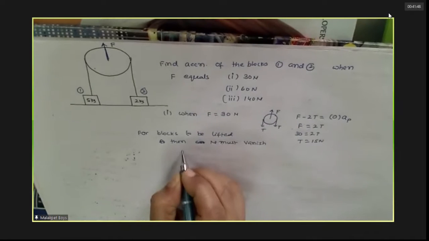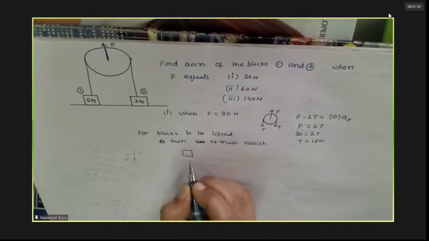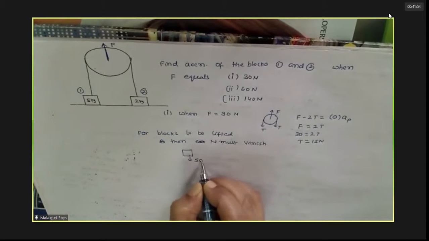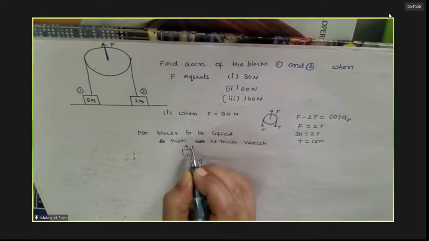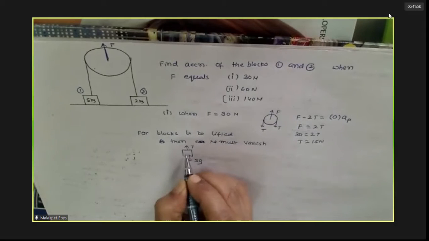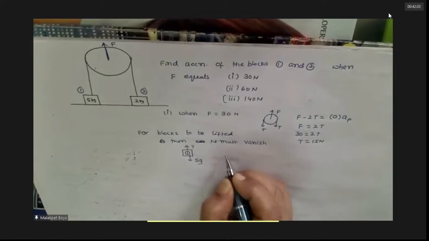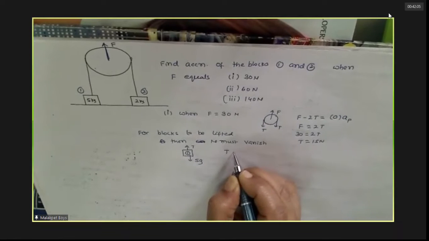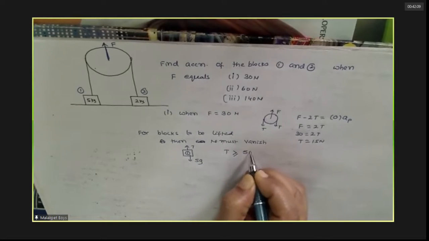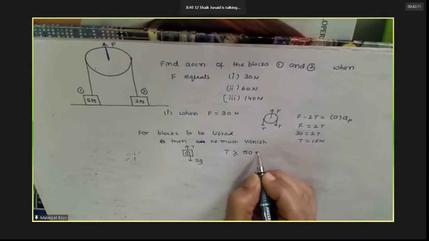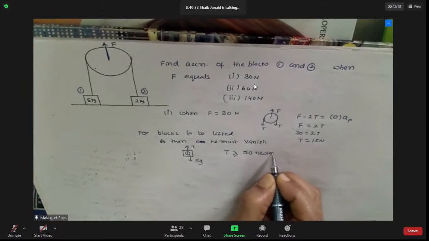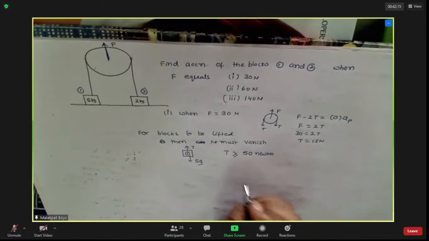Do you agree with this for block 1, I'm saying? Yes, sir. So the minimum force, T must be greater than what? 50 newtons. T must be, no, 15.